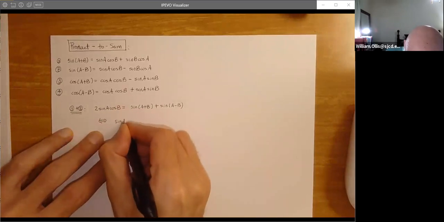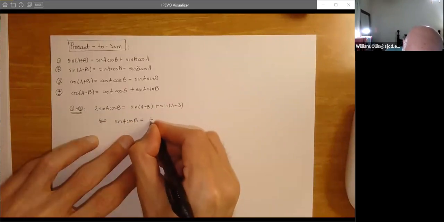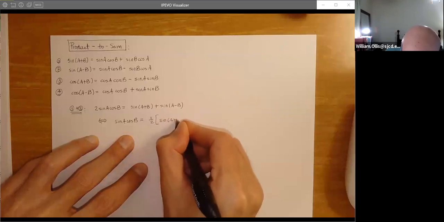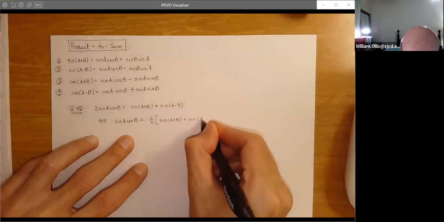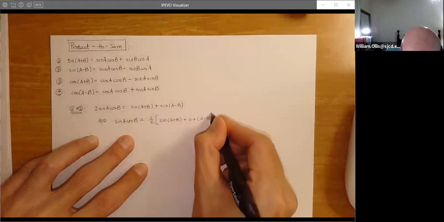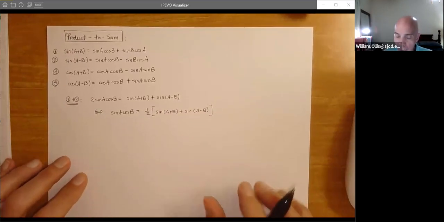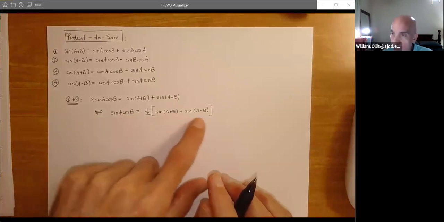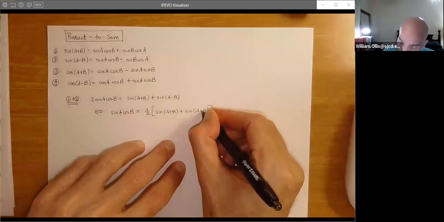The product of sine A and cosine B can now be represented as 1/2 sine A plus B plus sine A minus B. Right there. Okay, so you know the A and the B, you substitute them in here and use the odd nature of sine.